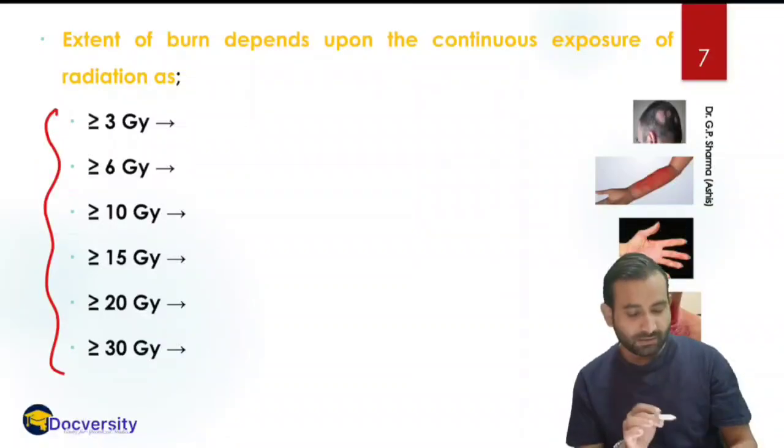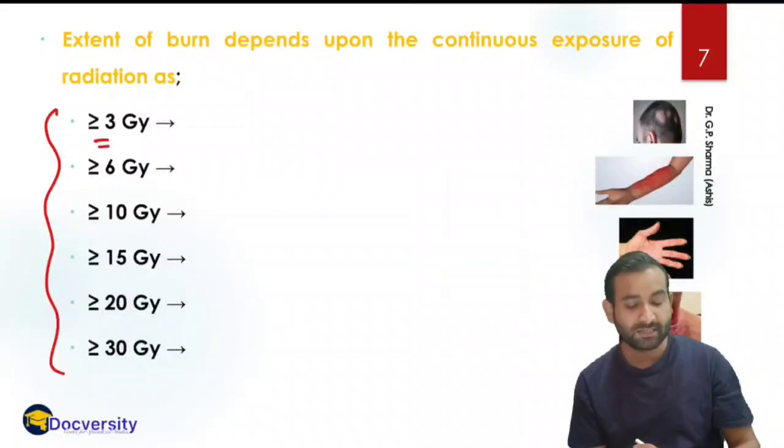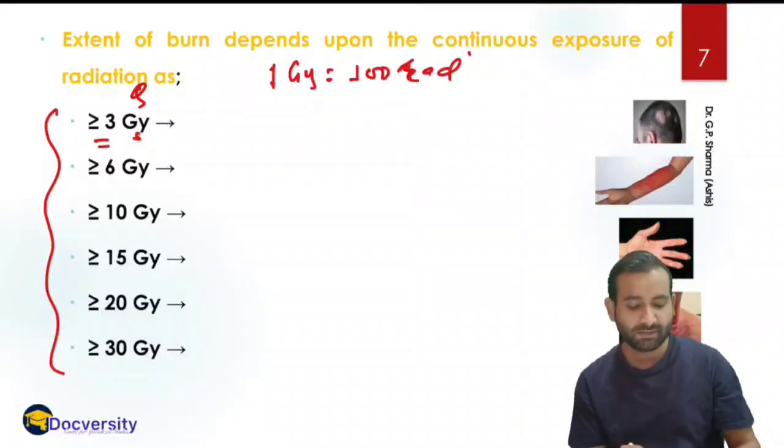So look here, gray is the unit of the radiation. This is a question in the exam. And remember, 1 gray is equal to 100 rad. This is another unit of the radiation. They will ask you in the exam.